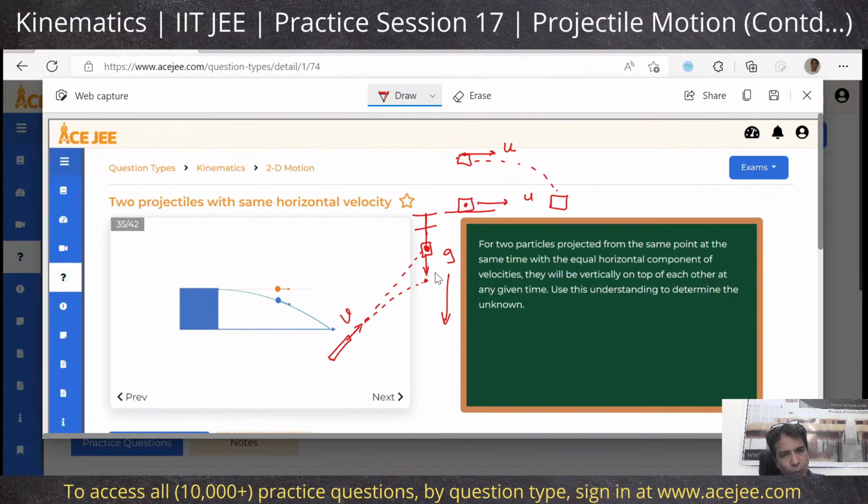Just write down your equations. It will start to make sense, right? Because that half gt square term is common in both. Use the relative velocity concept if that helps, or maybe let's not worry about the relative velocity.